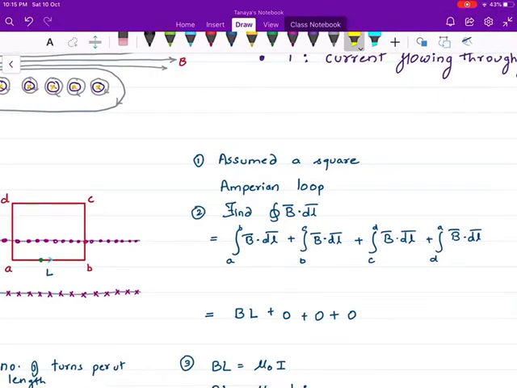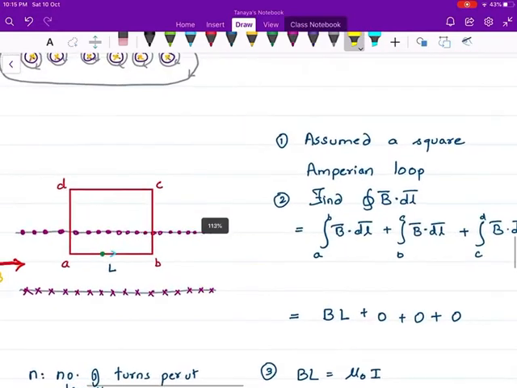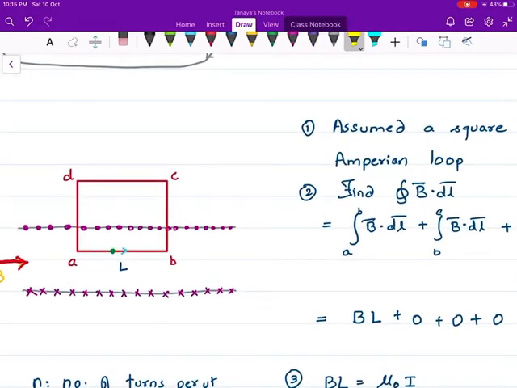Now what is the first step? How do we apply this Amperian law? We are going to find the closed integral or the line integral of B bar dot dl. Now this B bar dot dl, this is not a continuous loop, is it not? This loop I can divide into 4 parts. What are those 4 parts? First part is this AB, then the part BC over here, then CD, and again this AD.